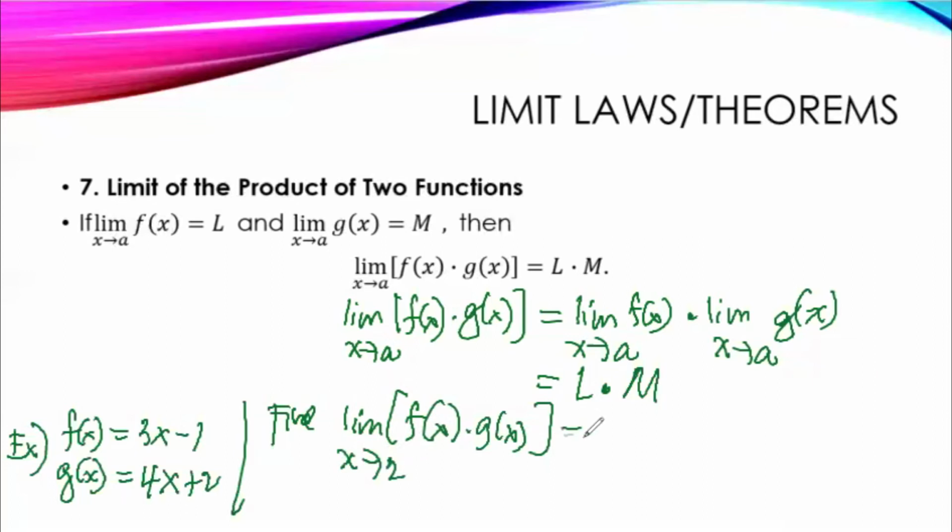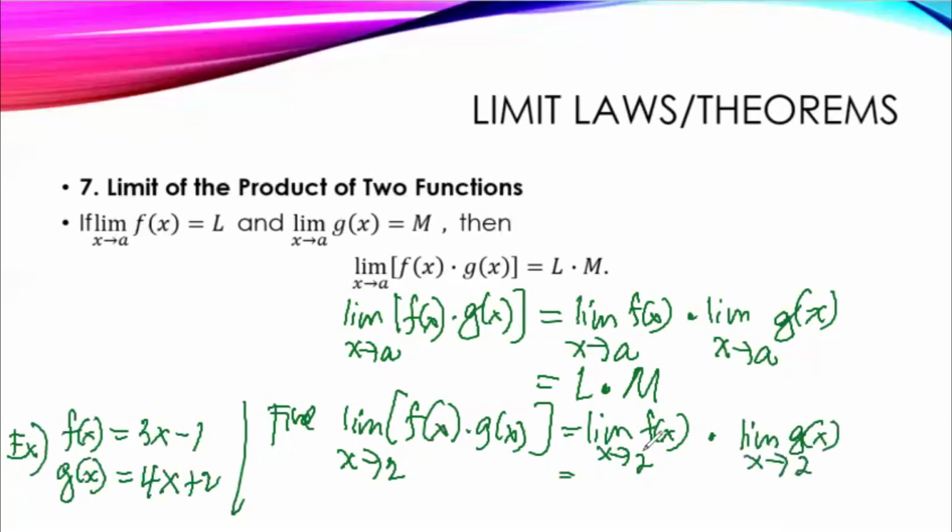So, ang solution natin dito, we just simply equate this to the limit of f of x as x approaches 2 times the limit of g of x as x approaches 2.